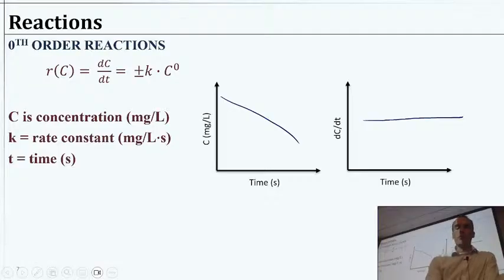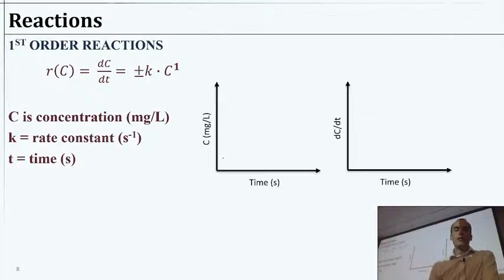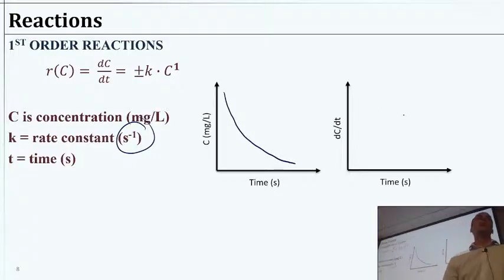For a first order reaction, same deal. K times C to the 1 power now means that we have per time units for our reaction rate constant. And if our change in concentration over time looks something like that, then our reaction rate changes with time. Taking the derivative, it ends up a linear line.